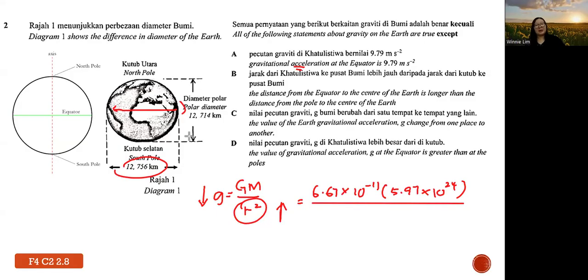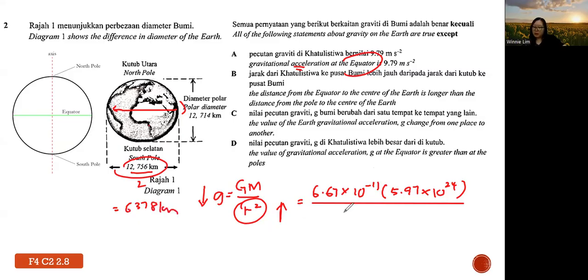Then we substitute the value of R. The R here is half of this value, so you divide by 2 because they want the equator. After you divide this value by 2, you are supposed to get 6378 kilometers.